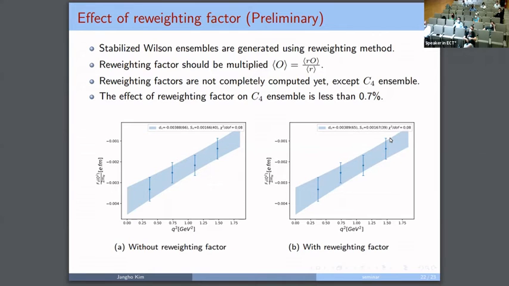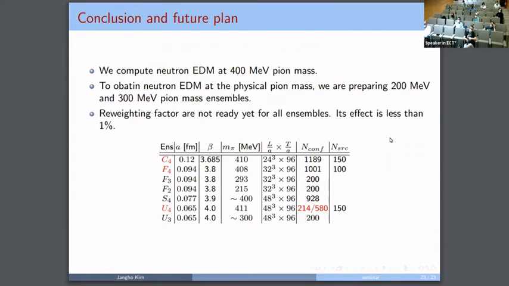Okay. So yeah, let me conclude. We computed the neutron nEDM at 400 MeV pion mass, and to extrapolate to the physical pion mass, we need 200 and 300 MeV pion masses, and we are preparing that. And so maybe this will be the full set of our ensembles.